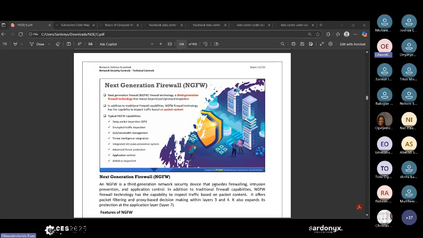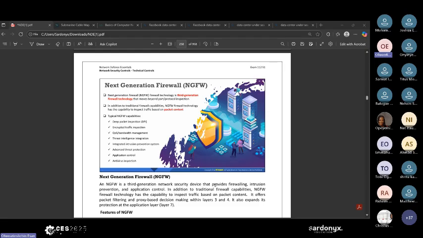So the typical next generation firewall features are DPI, like I said before, and encrypted traffic inspection. Now, quality of service is also very important. I talk about priorities. We have threat intelligence integration inside it. We have an integrated intrusion prevention system, so we have IDS included in it. We have advanced threat protection. We have application control, and we also have antivirus inspection.